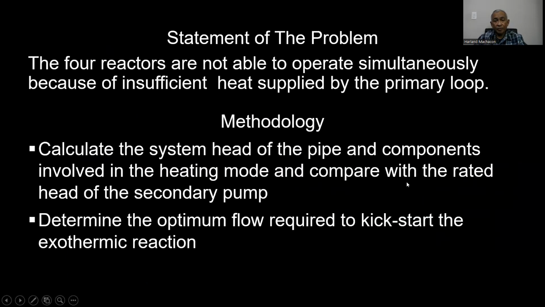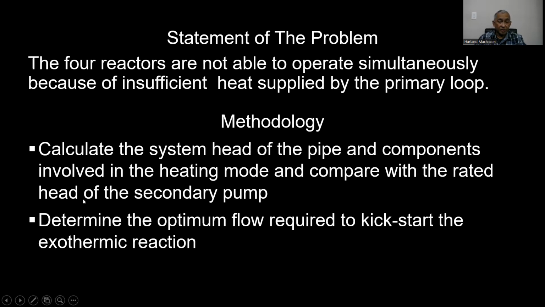So how are we going to approach the problem? First, we calculate the system head of the pipe and components involved in the heating mode and compare it with the rated head of the secondary pump. We are concerned only with the heating mode because that is where the problem is.